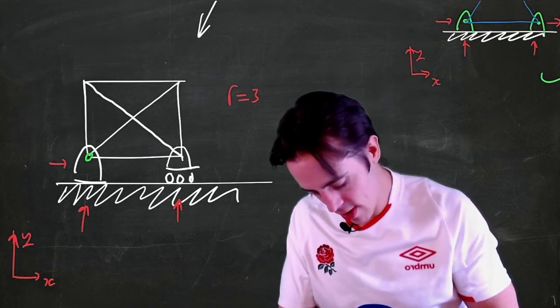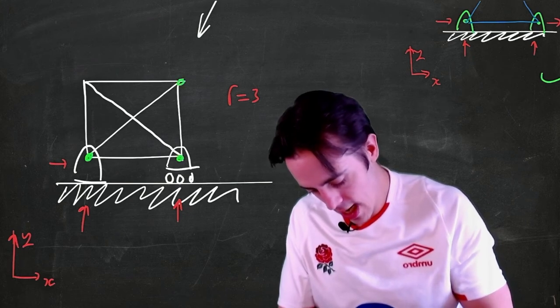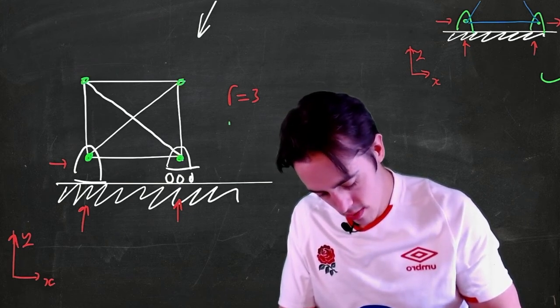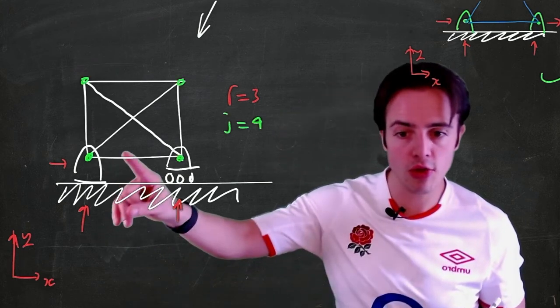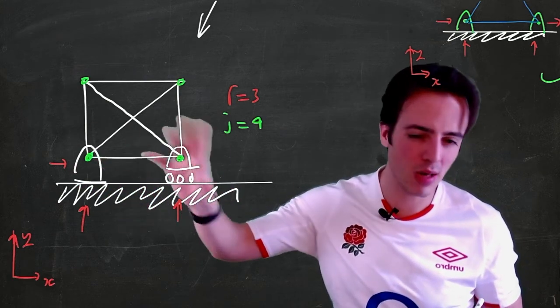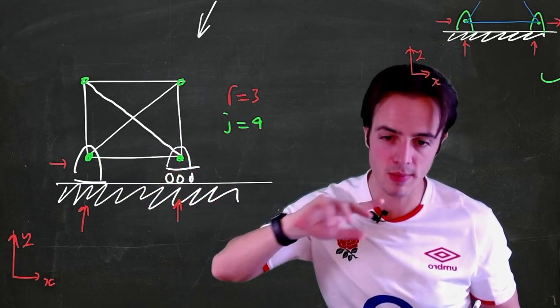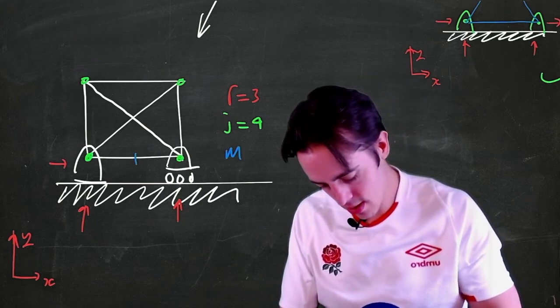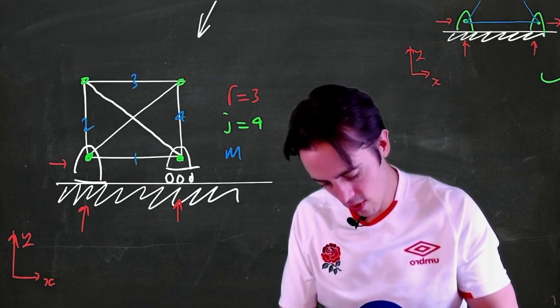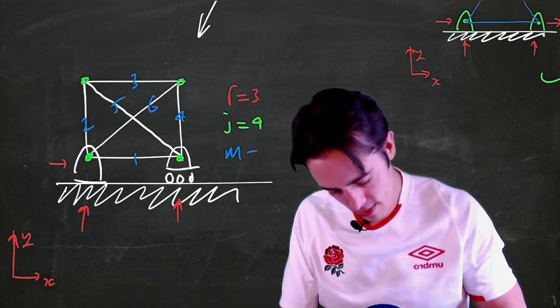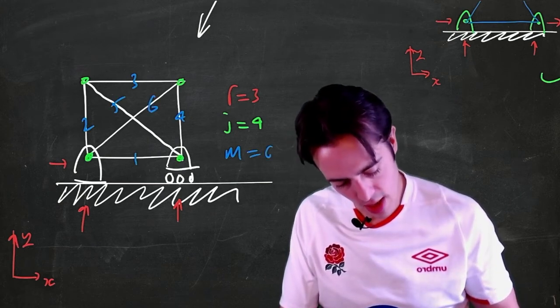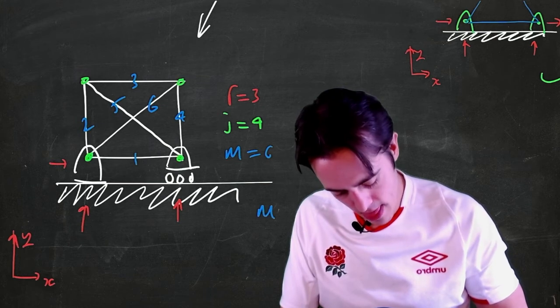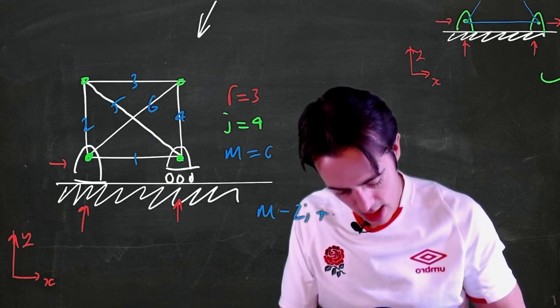Let's count joints. I've got 1, 2, 3, 4. Okay, this is not joined in the middle. We could join it in the middle, it would just become slightly more complicated to count the number of members. And then the number of members is going to be, well, it's 1, 2, 3, 4, 5, 6. So the degree of indeterminacy of this is m minus 2j plus r.